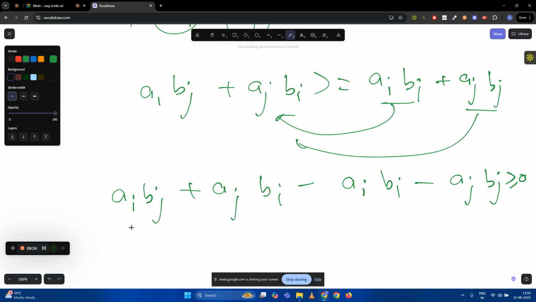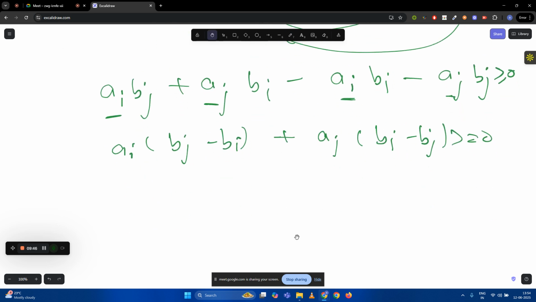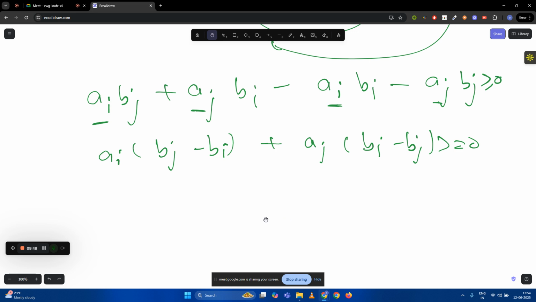Now what can we do? Let's take Ai common from here. It will be Bj minus Bi, and let's take Aj common here, so plus Aj times Bi minus Bj, greater than or equal to 0. Till this point everyone is clear, right?